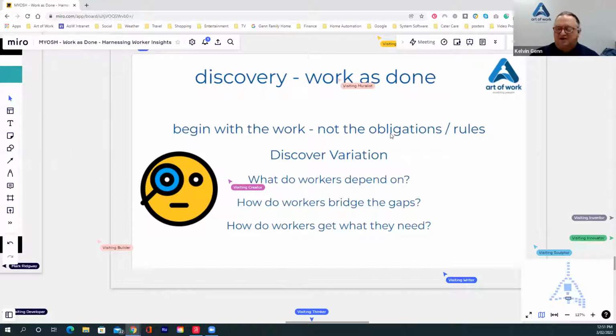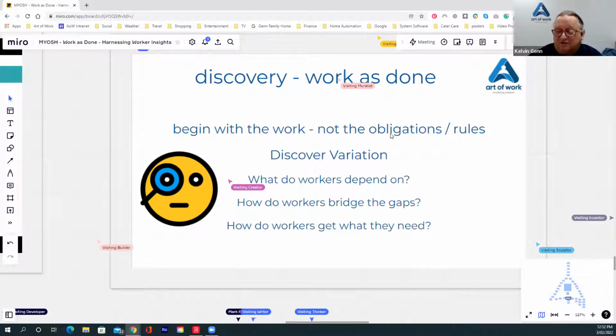Secondly, in this space, it is all about discovering variation. You're really interested in where people vary from the existing process or rule or method or procedure, whatever that is. In that variation is going to become the insight, because the variation will contain the ideas that will allow you to adapt successfully, and they will also identify the potential areas that are going to lead into an unwanted event as well.